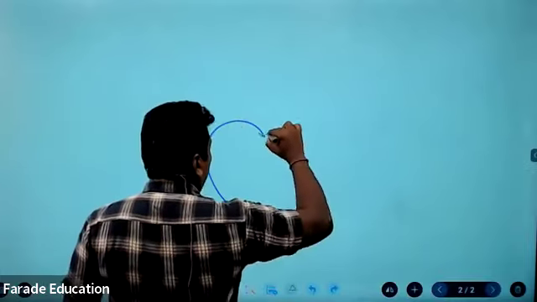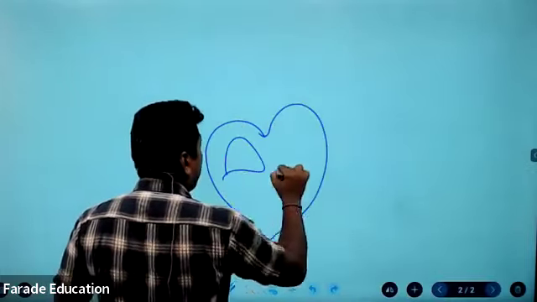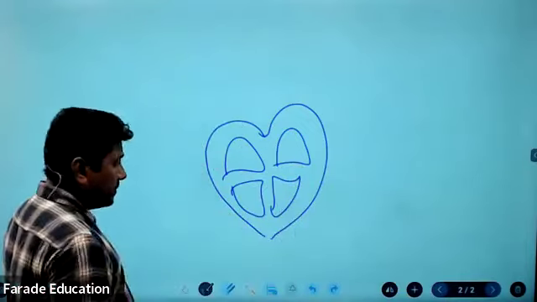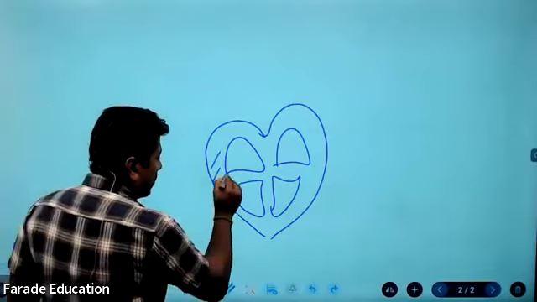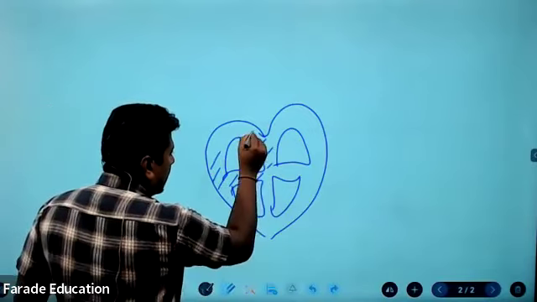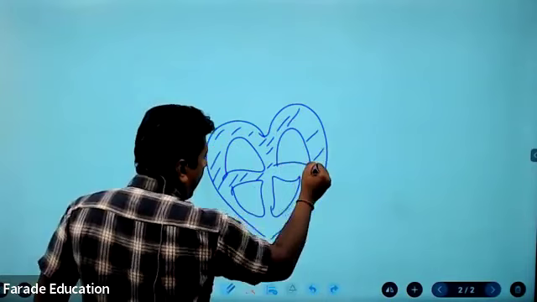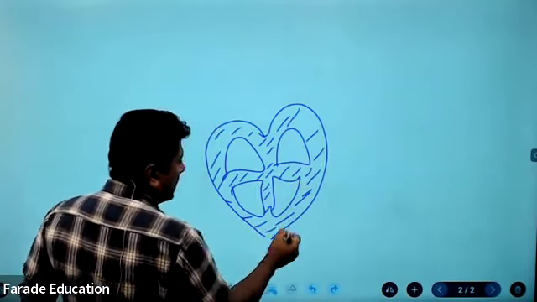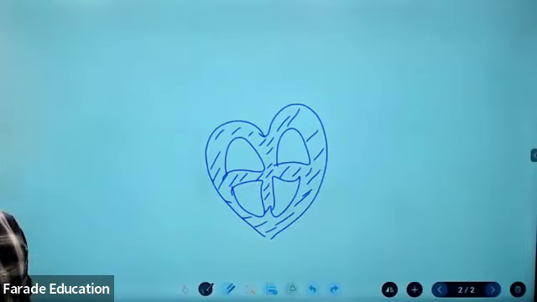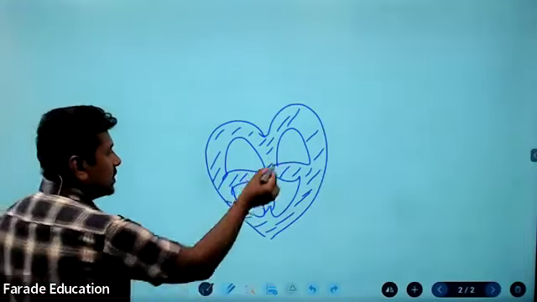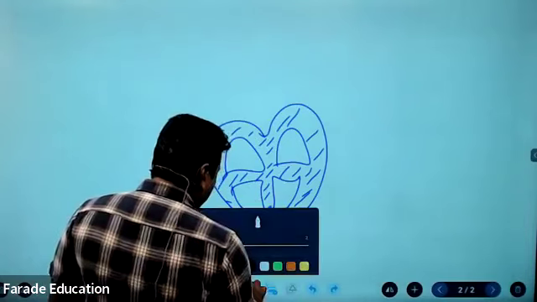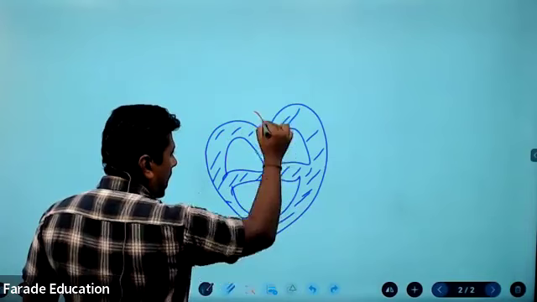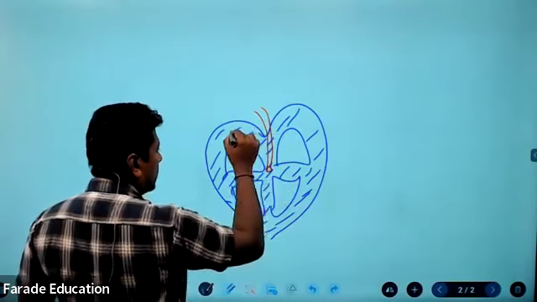You have the heart like this, and this is the muscular part. These are the atria. Here you have the ventricles and the atria, 4 chambers, right? So this muscular part is supplied by arteries, right?